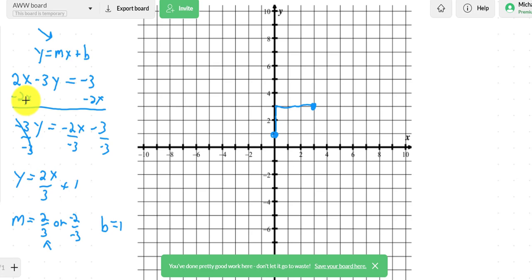But what if I wanted to use negative 2 over negative 3? I could go down 1, 2, and to the left 1, 2, 3, right? Either way, we should still get the same line. All right, so we pull out our line tool, and let's see. There we go. All right, so that's our graph, okay?